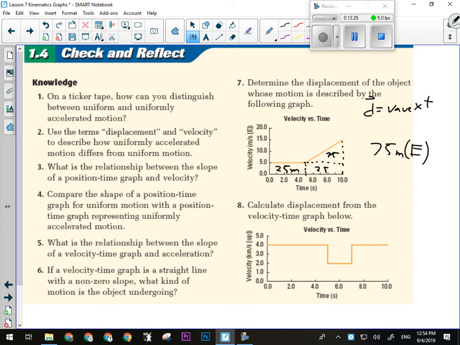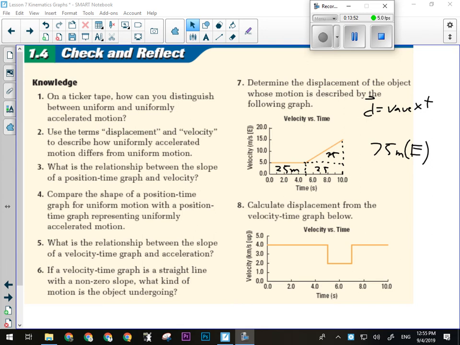Everybody all right with that? All I did was calculate the area under the line, which is taking average velocity and multiplying by time. You have to do the same thing in number 8, except you don't have any triangles in number 8. So I'll give you a couple minutes to get number 8 done, and then we'll look at it.